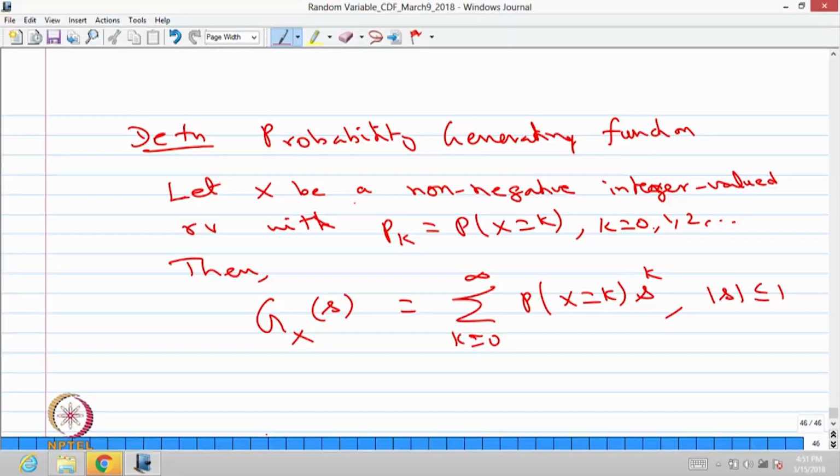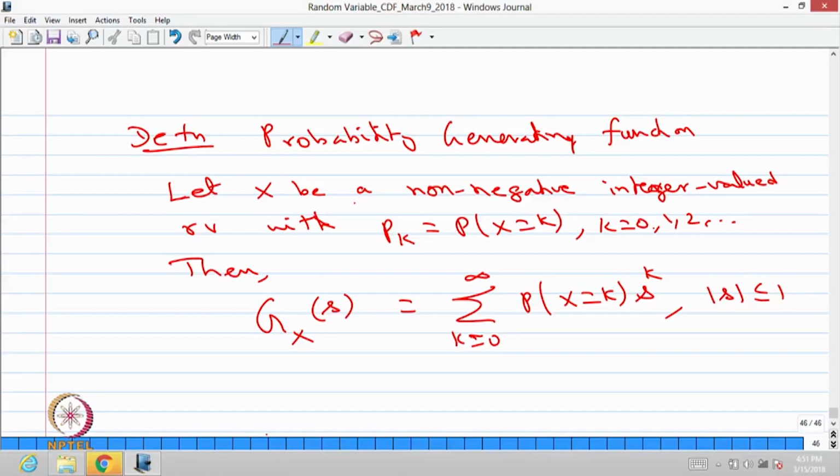Since the right hand side is a series, this series converges within the interval mod s less than or equal to 1. We are not bothering about whether this series converges or not outside this interval. What we are saying is within the interval s lies between minus 1 to 1, the right hand side series converges, gives the function of s, that is called the probability generating function of the random variable x, where x is a non-negative integer valued random variable.